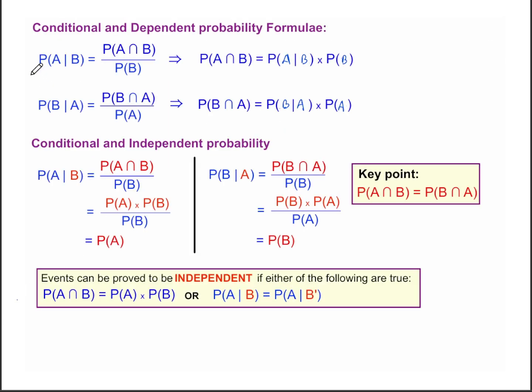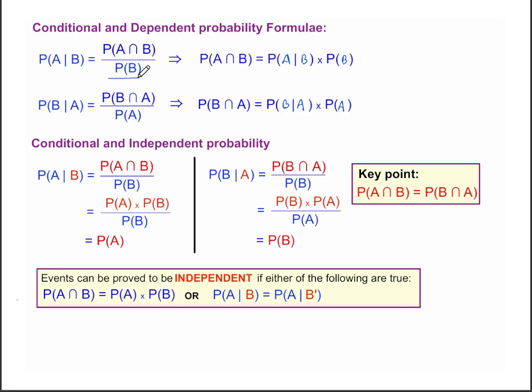Then we go on to the conditional and dependent probability formula, where we do what we've already done before, but now we have it in notation, where the probability of event A happening given event B has already happened is the same as the probability of both events happening divided by the probability of the given event happening.